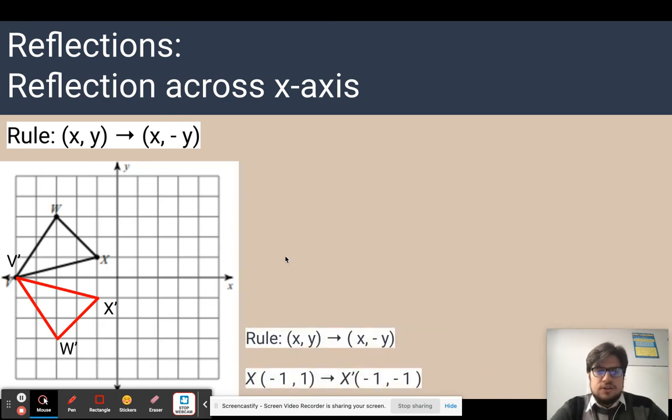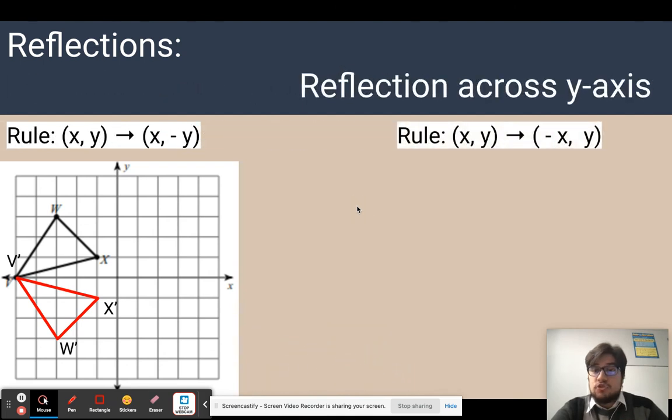Okay, so again, the rule is x comma y becomes x comma negative y. And if I look at the original point, x is at negative 1 comma 1, x prime becomes negative 1 comma negative 1. All we did, same values, just change the sign. Okay, and that's a reflection across the x-axis.